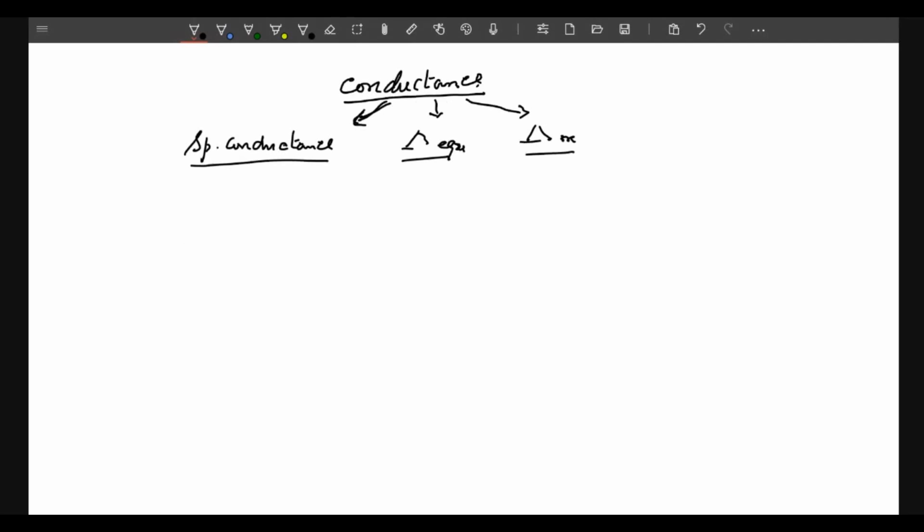For calculating the specific conductance, kappa is equal to the conductance of the cell into the cell constant.